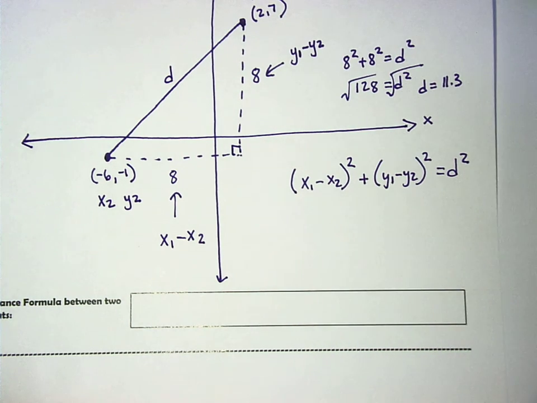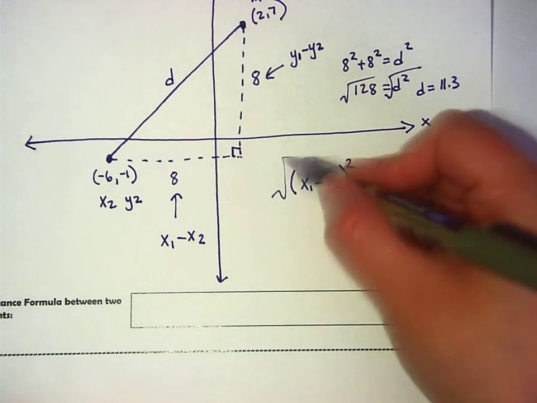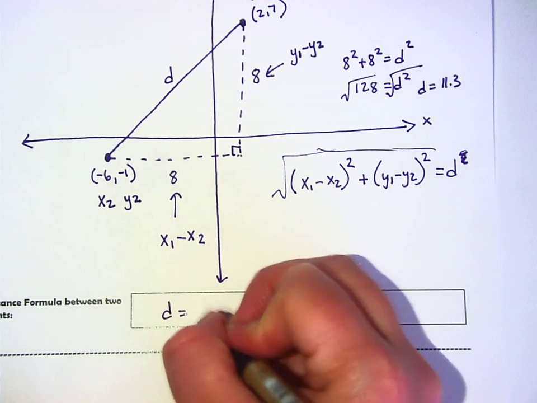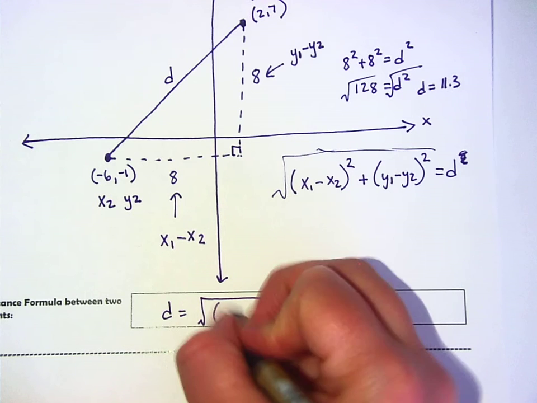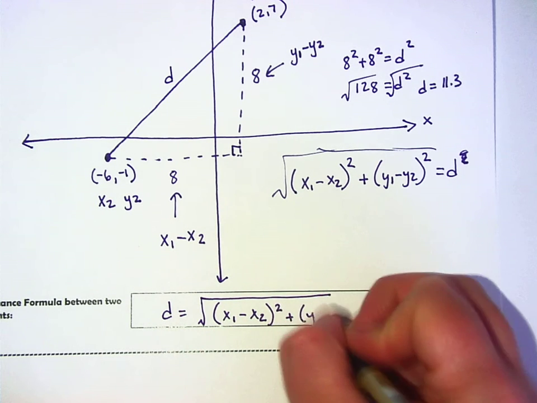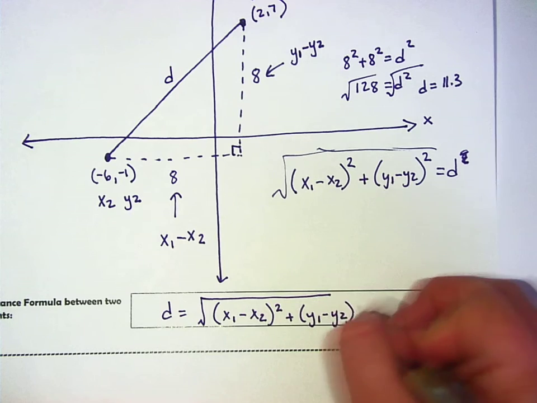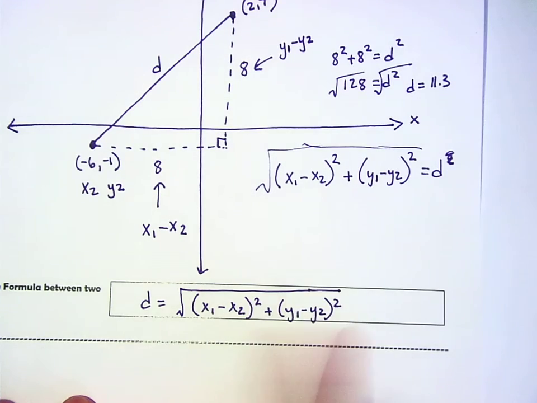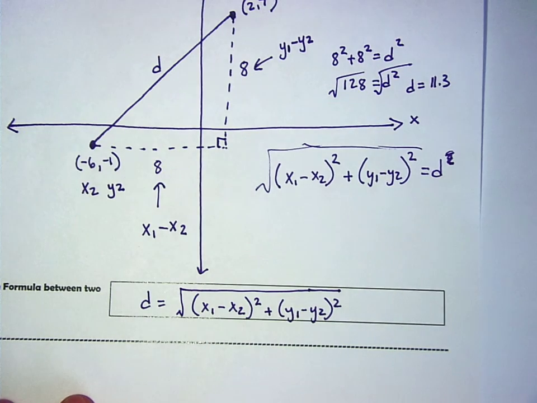How do I get rid of a square? Square root. Okay, so that's the distance formula. D equals the square root of x1 minus x2 squared plus y1 minus y2 squared. And the nice thing about a formula is that I no longer have to draw a picture. I can just have 2 points and just plug this stuff into here and then just use it.